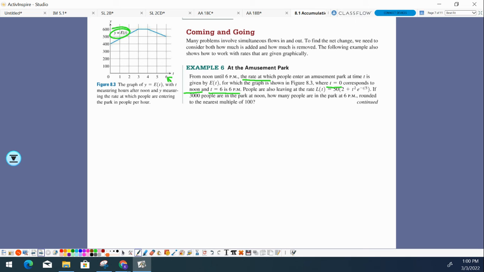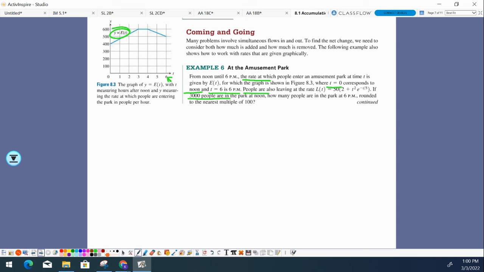And it says if 3,000 people are in the park at noon, you have to recognize that's an initial value. So at time 0, noon, there's 3,000 people.